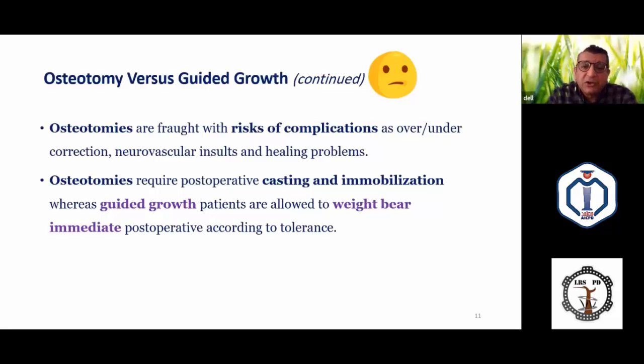On the other hand, guided growth generally has a low and mild complication rate, or what's called a tolerable complication rate. Another point is that osteotomies require casting and immobilization. Because you have an osteotomy, you are supporting the internal fixation, or supporting the position of the osteotomy with a cast until it heals soundly. While patients with guided growth are allowed to immediately weight-bear after surgery.